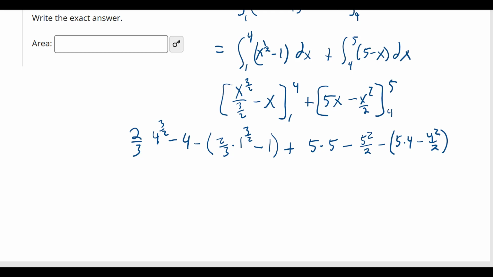So now it's just a matter of working out the arithmetic here.